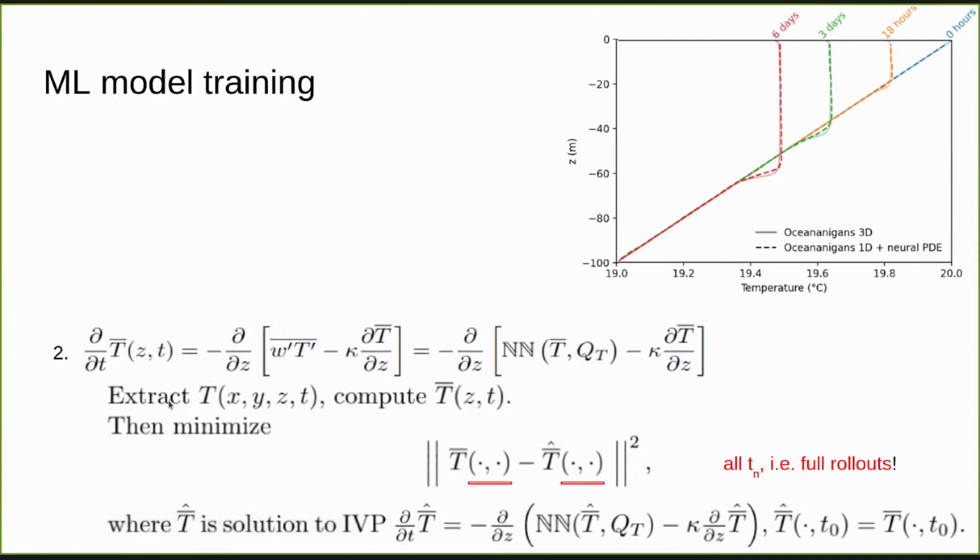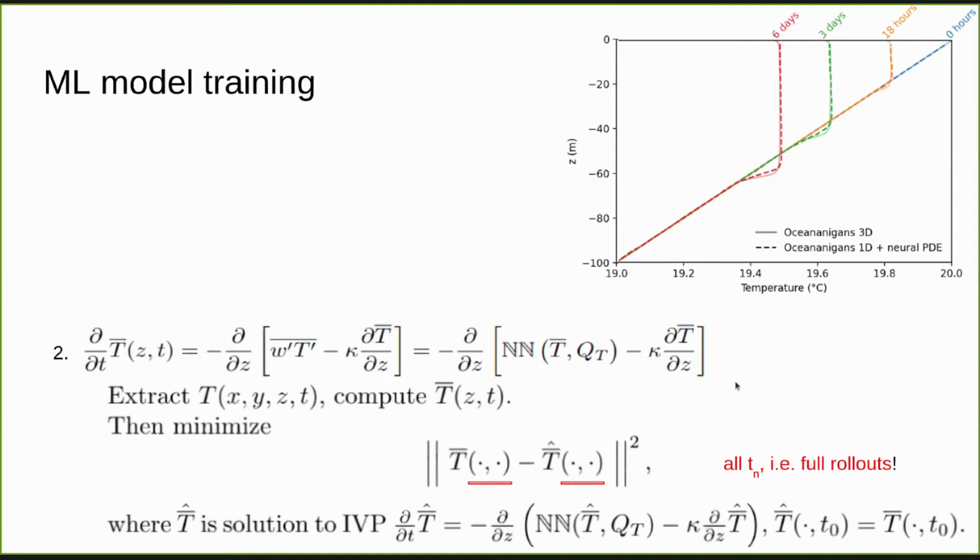So if we extract the temperatures from the full simulation and do the horizontal averaging, then the idea is that this will have evolved according to the ground truth dynamics, assuming for now that this is actually a good description of how this quantity evolves over time, which I didn't check.